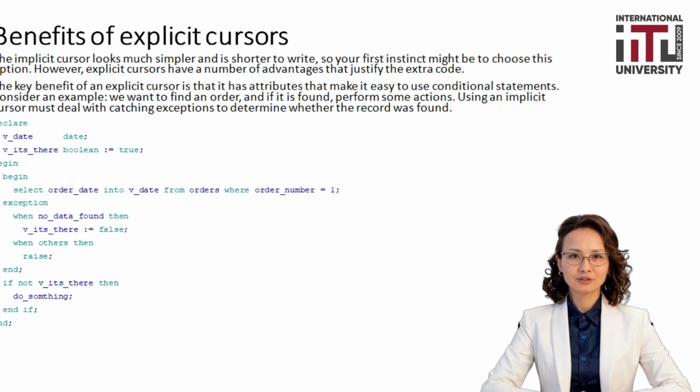Using an implicit cursor requires handling exceptions to check whether the record was found. In this code, we attempt to select the order date into a variable. If no data is found, we set a flag to false. Otherwise, the program continues normally. This shows that explicit cursors give more control and simplify conditional operations, making your PL/SQL programs more robust and easier to manage.